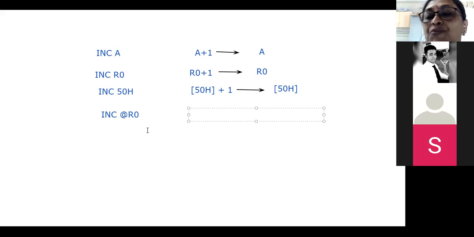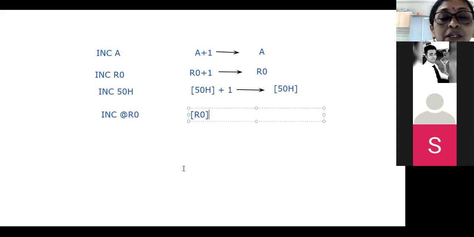The contents of the memory location whose address is stored in register R0 will be incremented by 1. So what does R0 contain? R0 contains a memory location address. At that memory location address, whatever data is present is incremented by 1, and again it will be stored at the same address. So how are we going to write this? We write this as square bracket R0 square bracket.